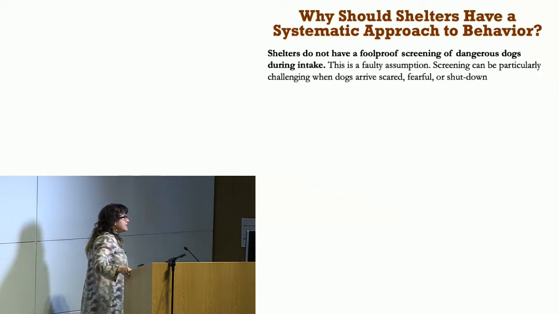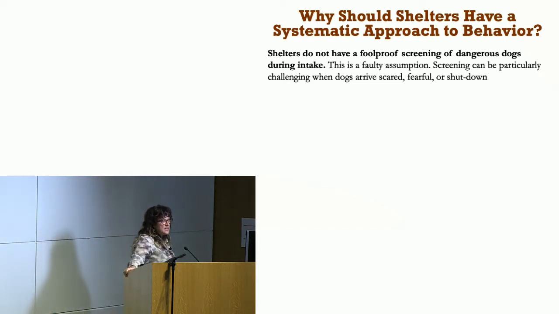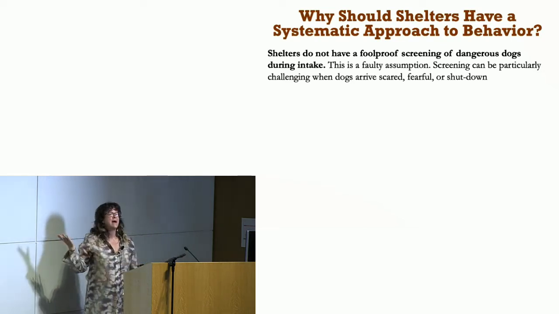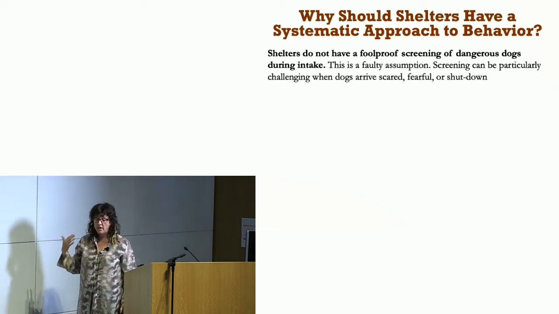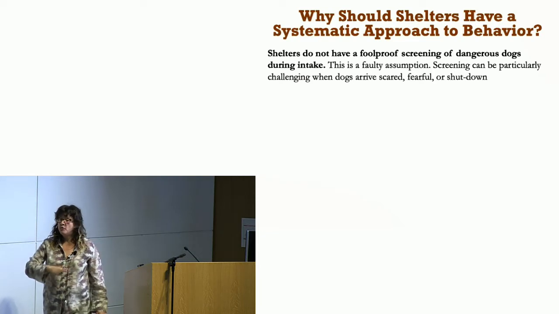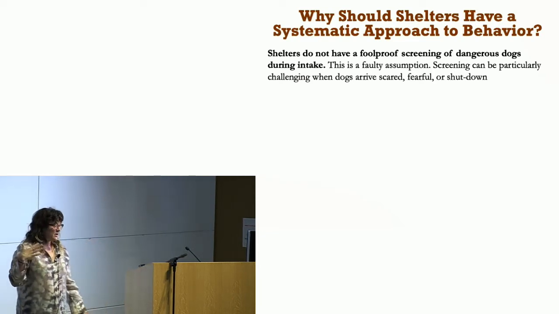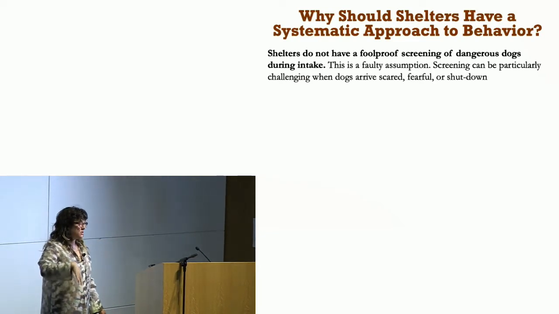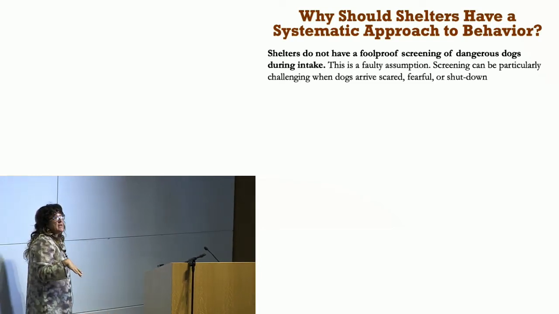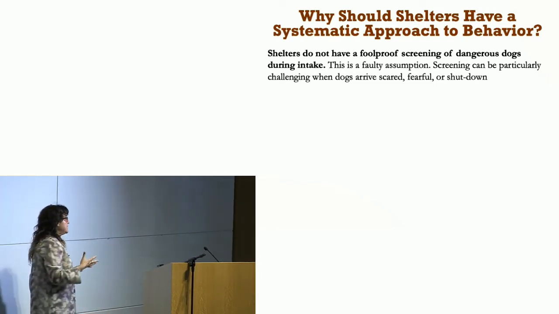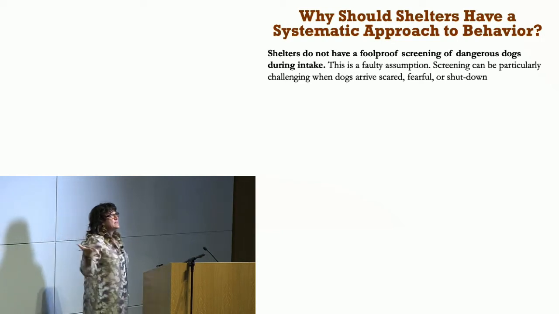I think that it's important to have a systematic approach because we don't have a foolproof screening of dangerous dogs during intake. We've all been in situations where a dog comes in through the door, and for whatever reason, maybe we don't know what happened before it came in the door, we don't know what the shelter was like for that animal, but it doesn't display the dangerous type of behavior that it does later on.